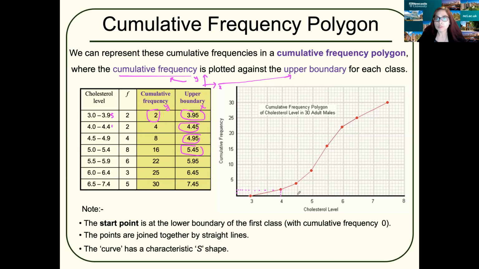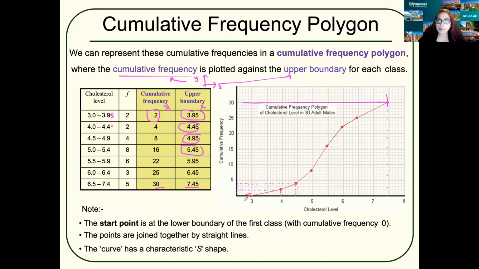4.45, and that's 4. Can you see that? And you plot until 7.45, which is 30. 7.45 is here, and 30, see?